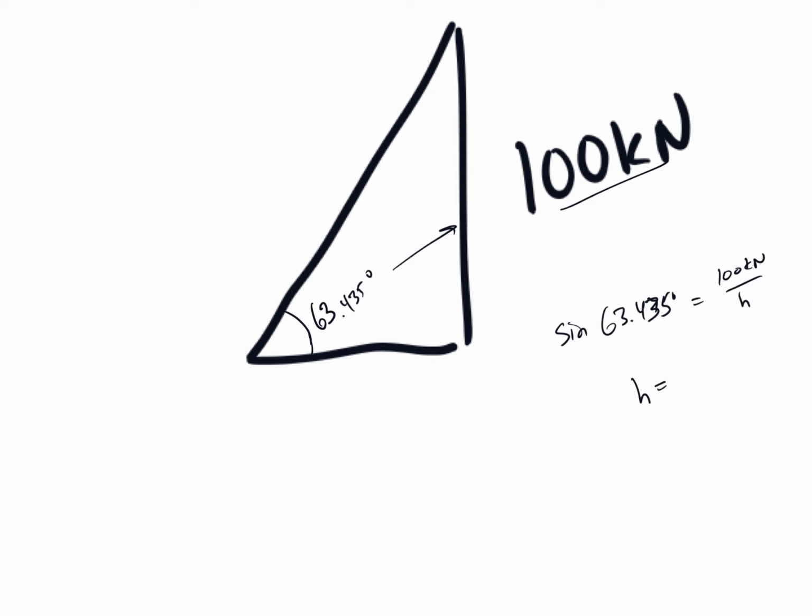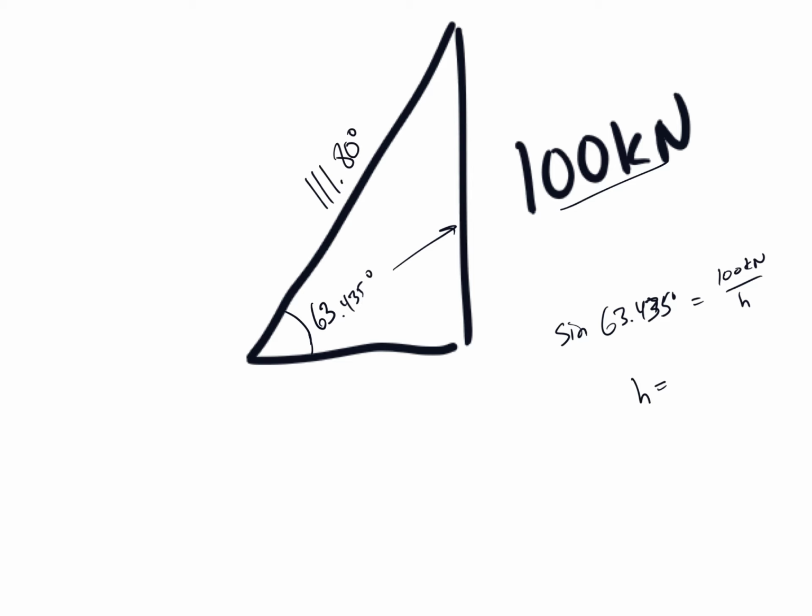Hypotenuse equals 100 divided by the sine of 63.435, which equals 111.80. I hope I got that angle right.